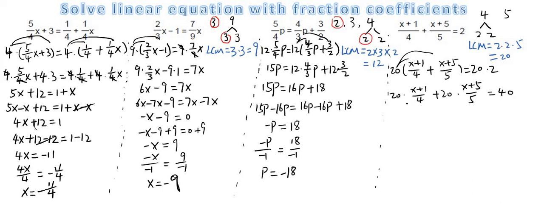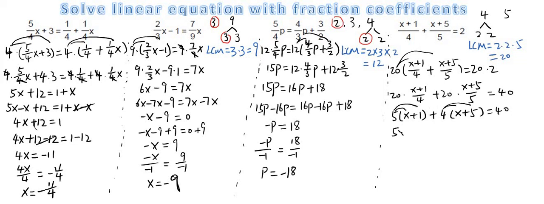Now, let's take a look. 20 divided by 4 is 5, so 5 times x plus 1. And then 20 divided by 5 is 4, so 4 times x plus 5. So equals 40. Now, we're going to do the distribution.